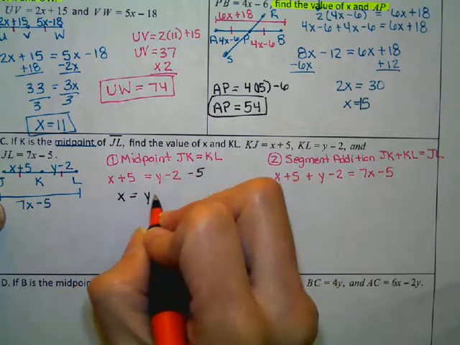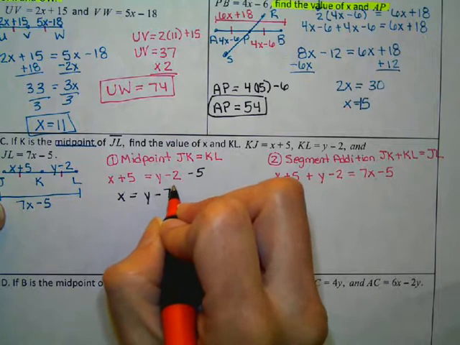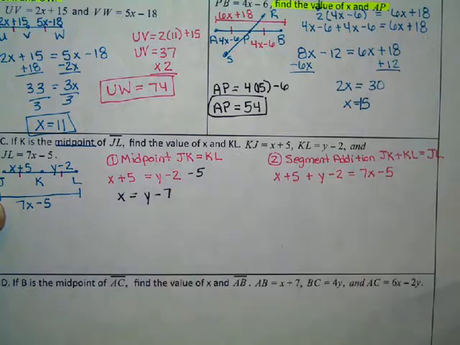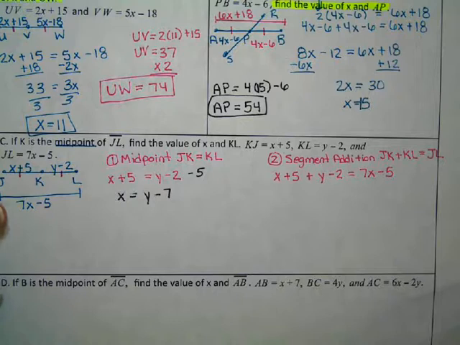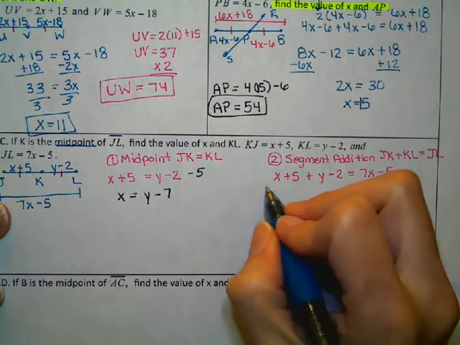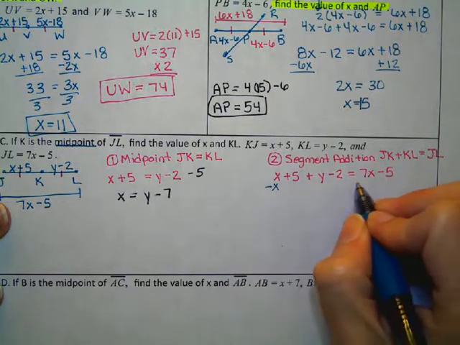Okay? Now I'm going to take that information and substitute it in on the other side. If you want to simplify this first, like getting the x's and y's on the same side, that would work out, or you can just plug it in right where it is. It does not matter. I think I'm going to move my x's to the same side, so at least I only have to substitute it in once.